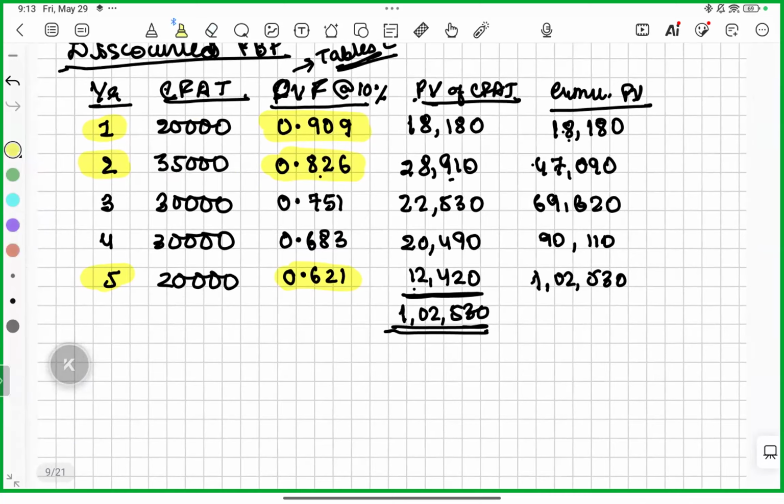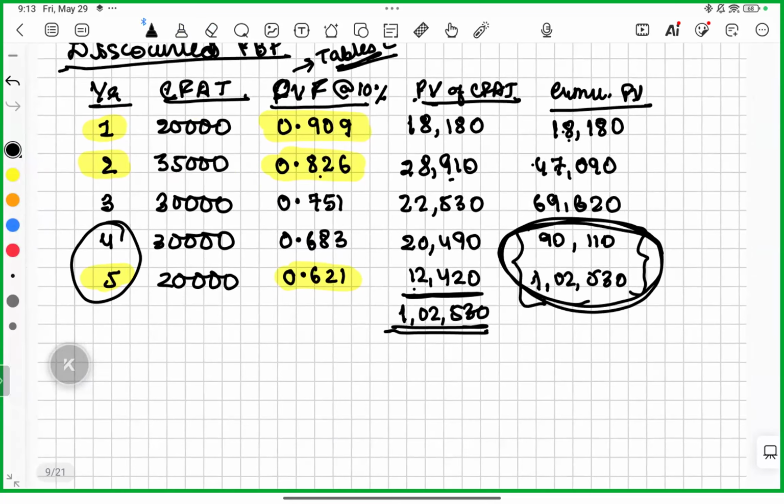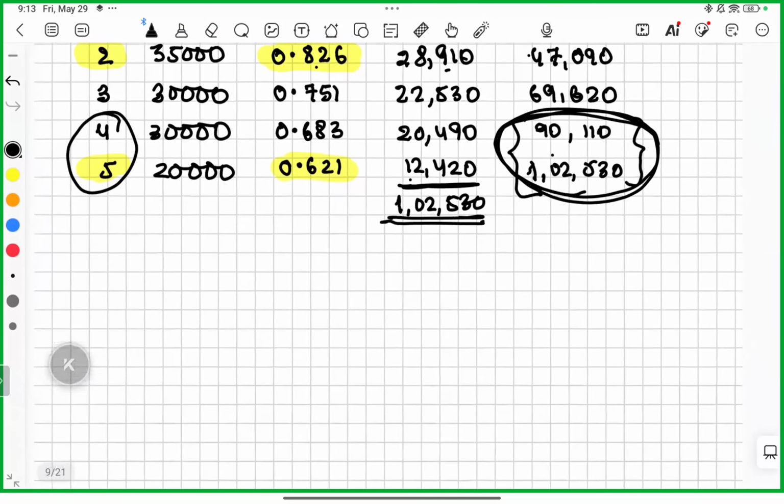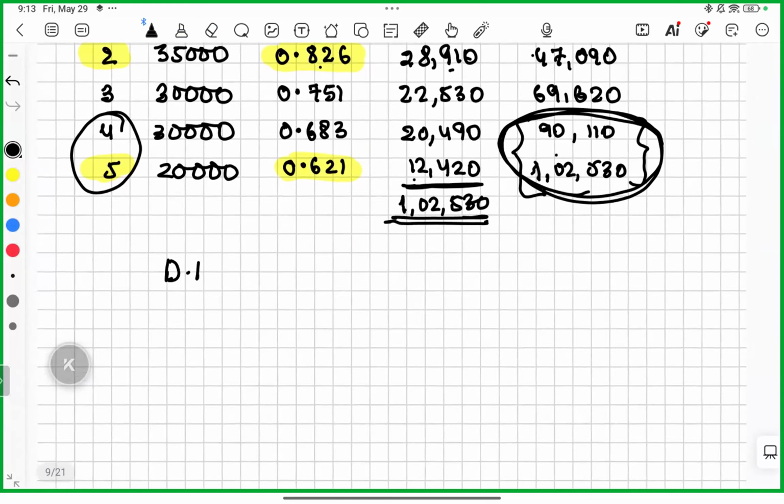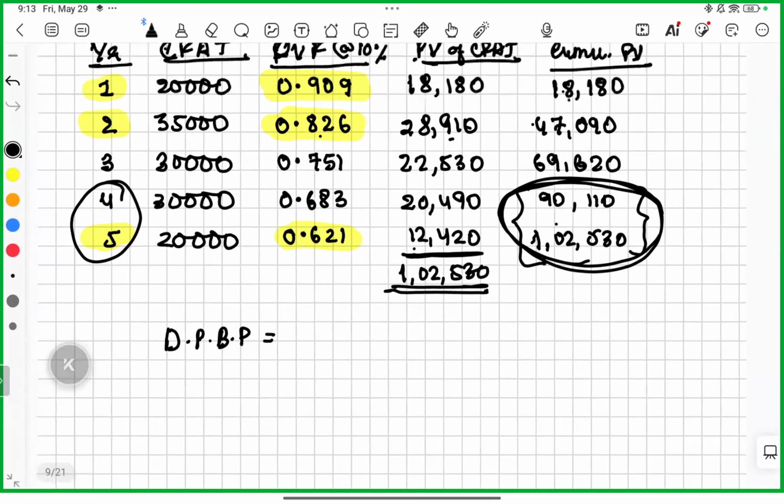Now let us first find out the discounted payback period. First of all, check the cumulative value and see where your investment lies. Your investment is rupees 1 lakh and it lies somewhere between year 4 and 5, between 90,110 and 1,02,530. So your discounted payback period is how much time it will take to recover 1 lakh.